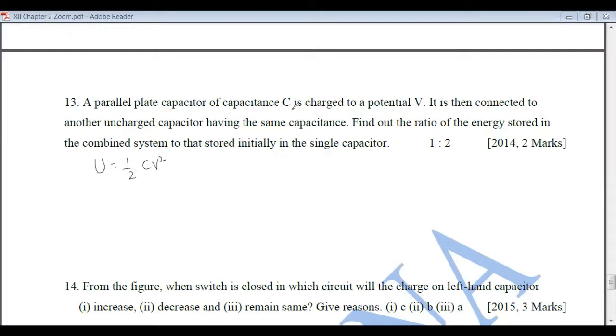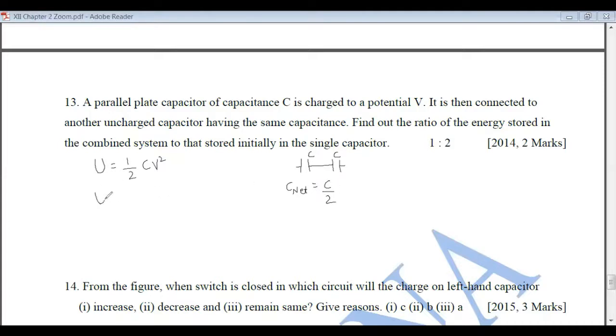Okay, now this capacitor is connected to another uncharged capacitor of the same capacitance. So this was C, and it is connected to another capacitor which is uncharged. Okay, so we know that as these two are connected in series, the net capacitance will be equal to, 1 upon C net is equal to 1 upon C plus 1 by C. So it will be equal to C upon 2.